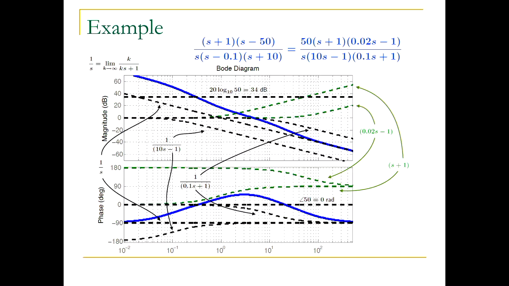So for this frequency, for instance, I read out what all of the green and black terms are, and I add them. So each of these green and black terms will have a certain value. So at that frequency, I just add these values, and that's what my blue point is at that frequency. So that's what I mean by graphically adding these different transfer functions.